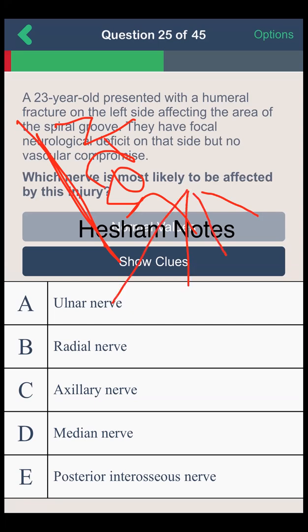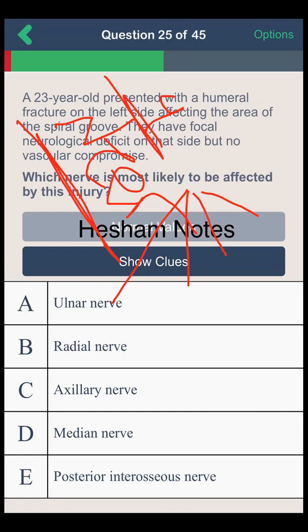This is the Neer 4 segment classification of the fracture neck of the humerus. Then during the fracture neck of the humerus, there is axillary nerve and axillary vein injury. And this is also a question asked. Fracture neck of the humerus, which passes in the triangular space, causing axillary nerve injury.